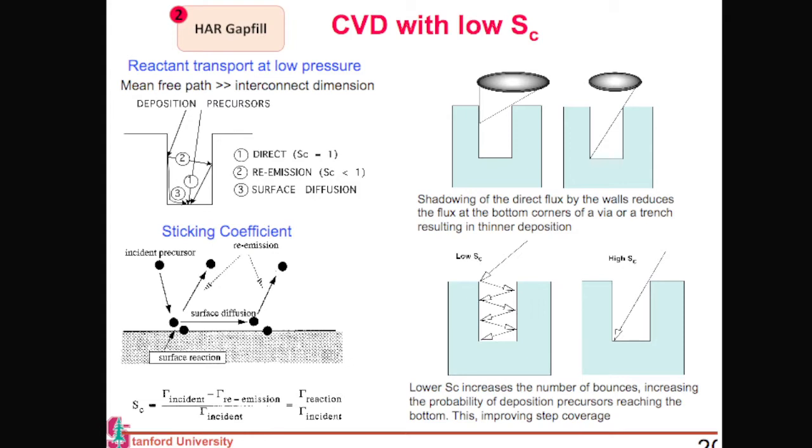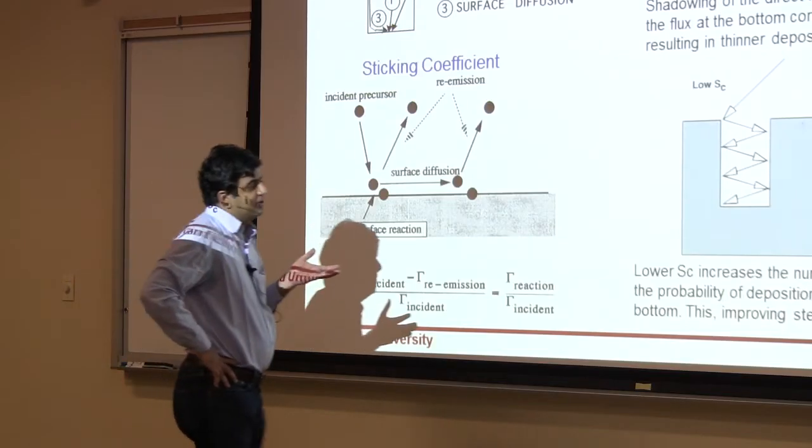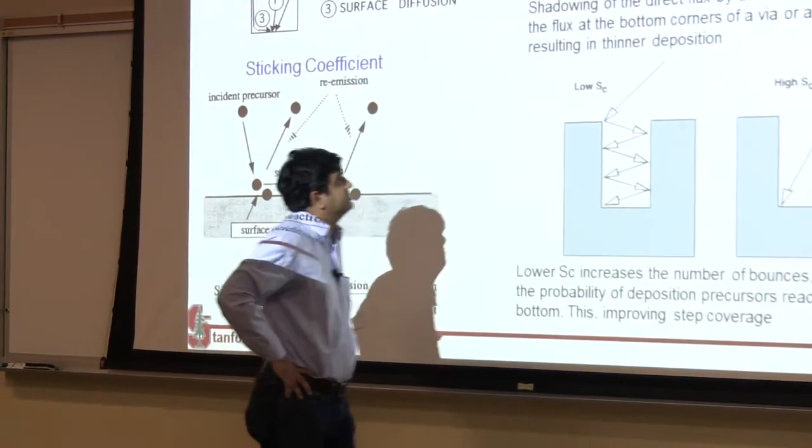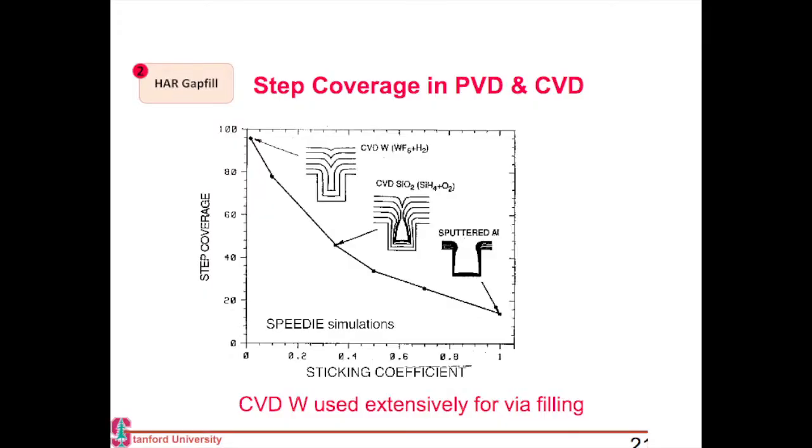But if I want to fill a high aspect ratio structure, I need to operate in a regime with a sticking coefficient of, let's say, 0.05. So it goes through 20 reflections before it sticks on something. So to fill this high aspect ratio structure, one thing that people do is to use a CVD process in these regimes which are at very low sticking coefficients.